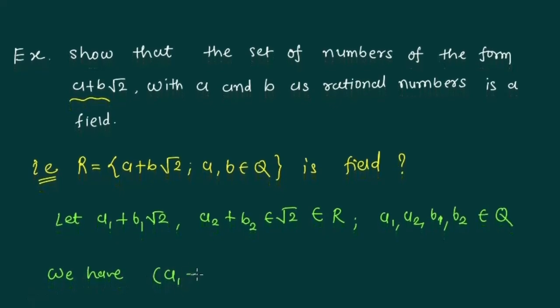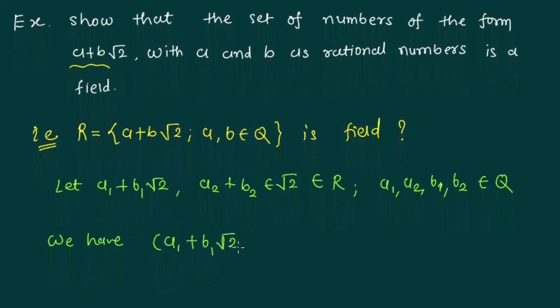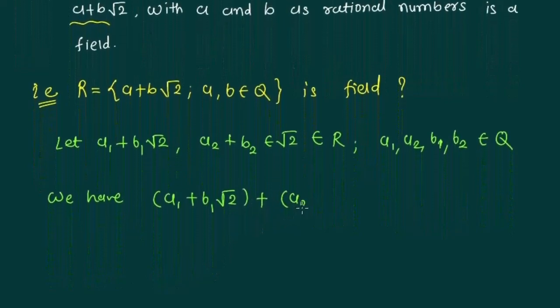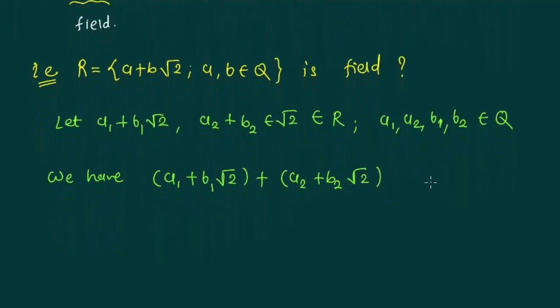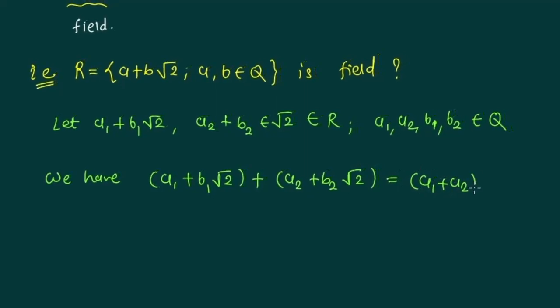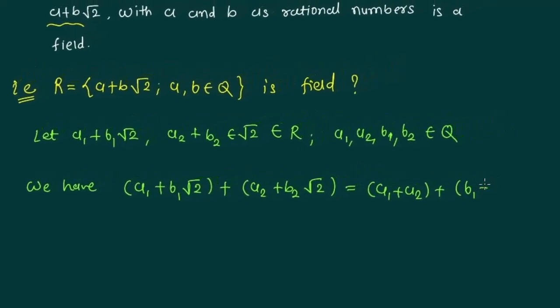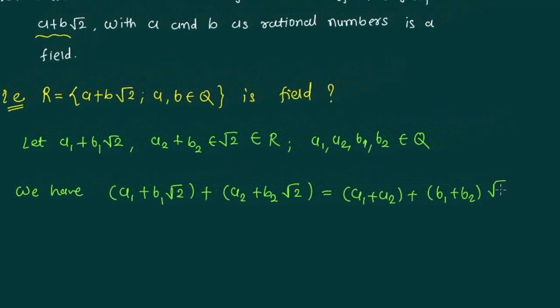So we have a1 plus b1 root 2 plus a2 plus b2 root 2. This is equal to, if I add a1, a2 and b1, b2 with root 2 common, and also a1 plus b1 root 2 into a2 plus b2 root 2.